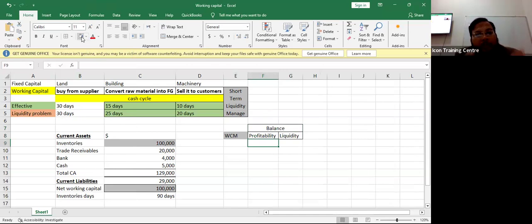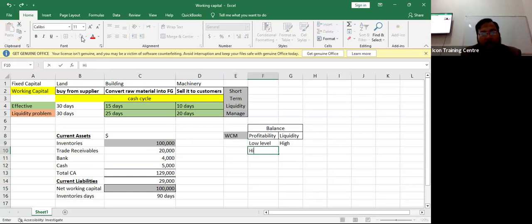In this case, you have a high level of liquidity but a low level of profitability. Why? Because you are holding this unnecessary inventory. When your profitability is low and liquidity is high, that means your profitability is low. And when your profitability is high and liquidity is low, it means you are going to go bankrupt.